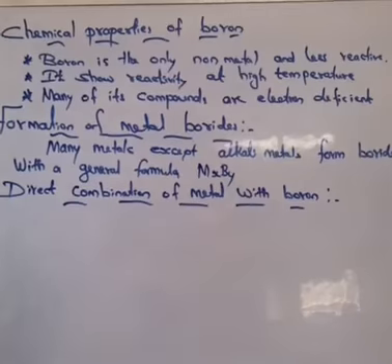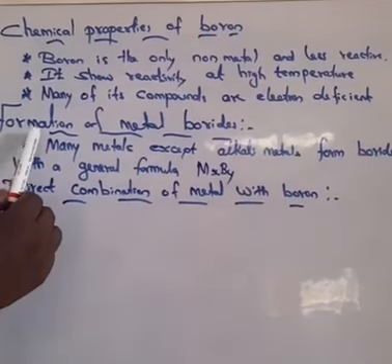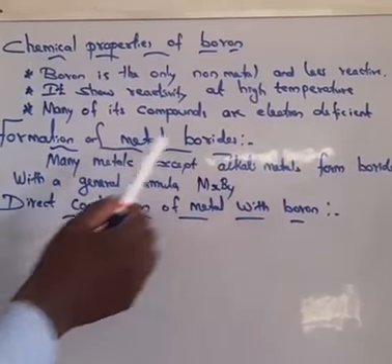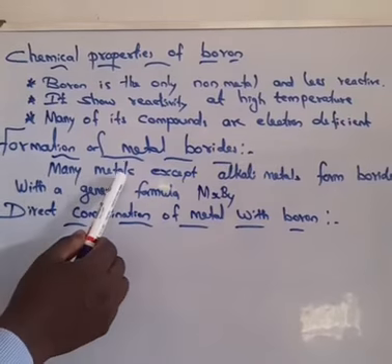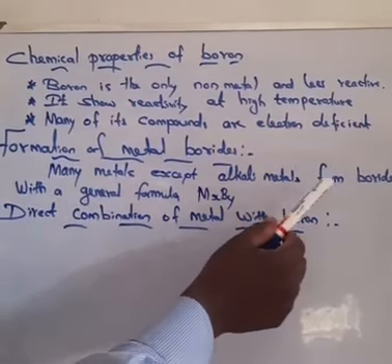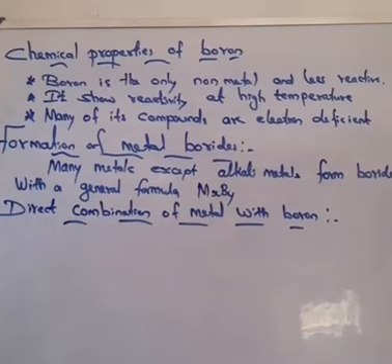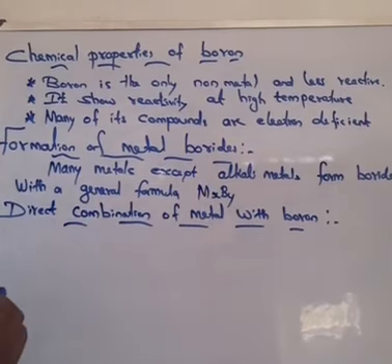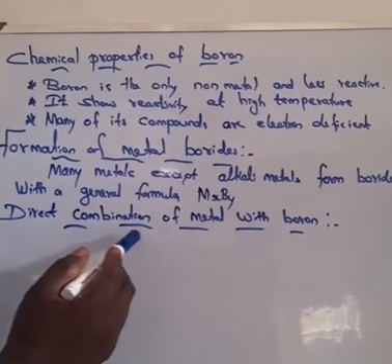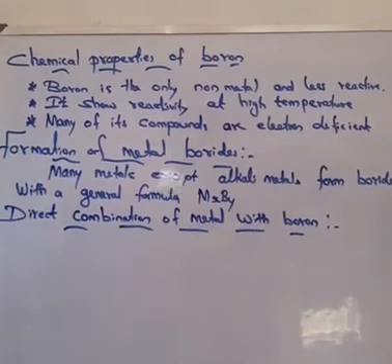Some chemical reactions. Formation of metal borides. Many metals except alkali metals form borides with the general formula MxBy. Next, the reaction: direct combination of metal with boron.